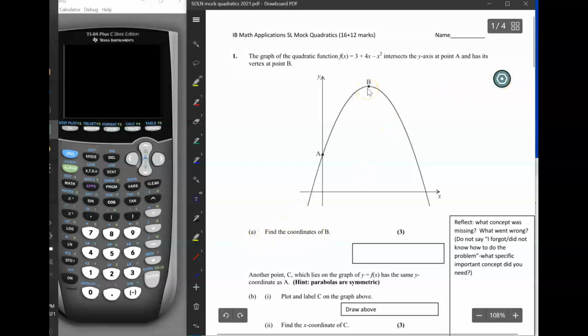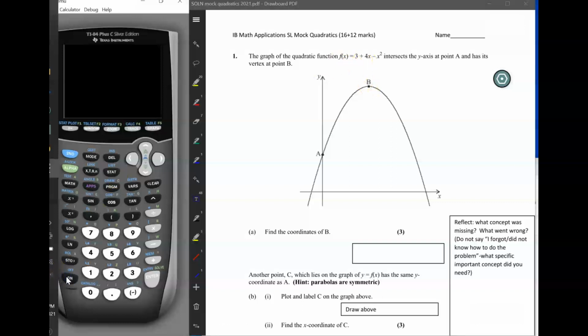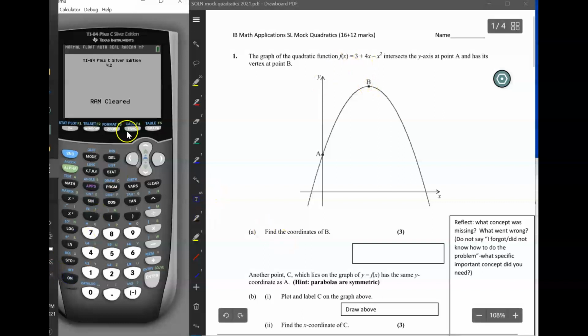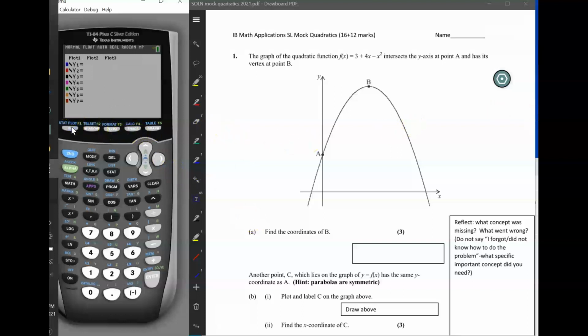Okay, first of all, in this class, whenever they give you a function, what's the first thing you do? You're going to put it in the calculator, even before you read the first question. So we go to y equals, and remember f of x is just saying y equals, so y1 equals 3 plus 4x minus x squared.